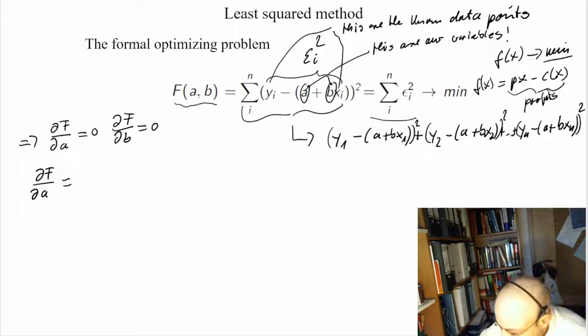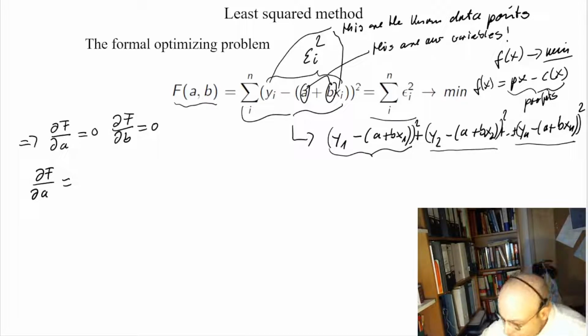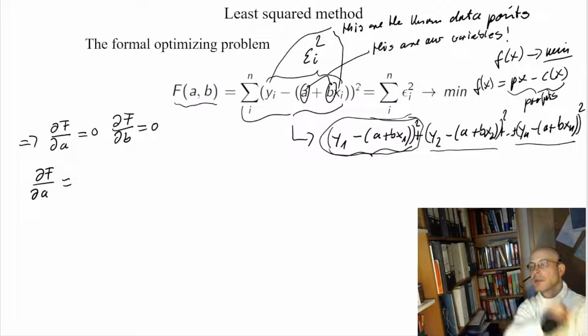So if we take maybe this one, because I think you also see that it is always the same thing which we have to do. So if we know the derivative of this part here, then we know that the total derivative is just the sum of these.